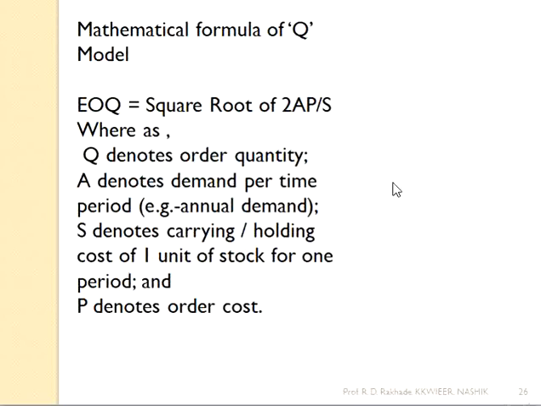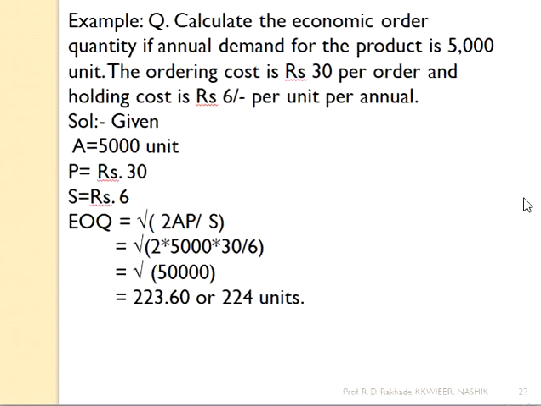This is the formula for EOQ: square root of 2APS. Q denotes order quantity, A denotes demand per time, S denotes carrying or holding cost, and P denotes order cost.